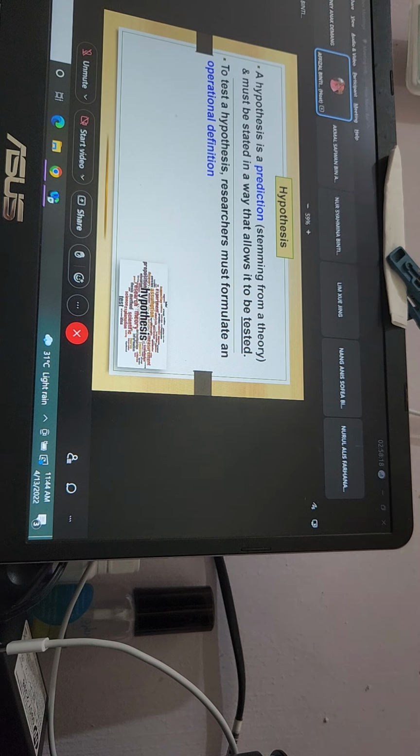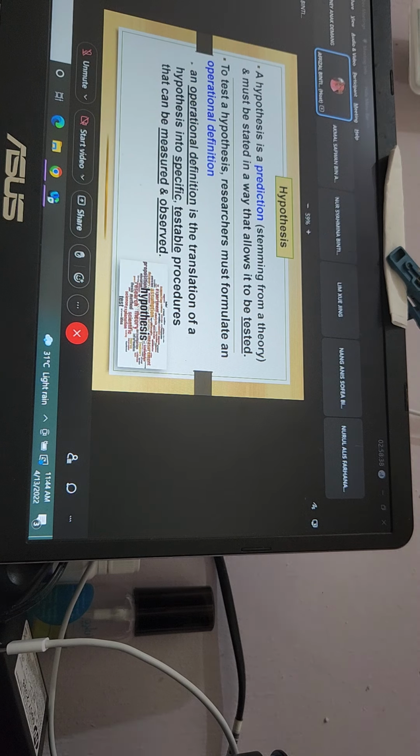So I need to give the operational definition. What does it mean by physical aggression? What does it mean by sexual aggression? We must be clear in terms of the definition for each keyword. Then we can develop the hypothesis, then we can test.